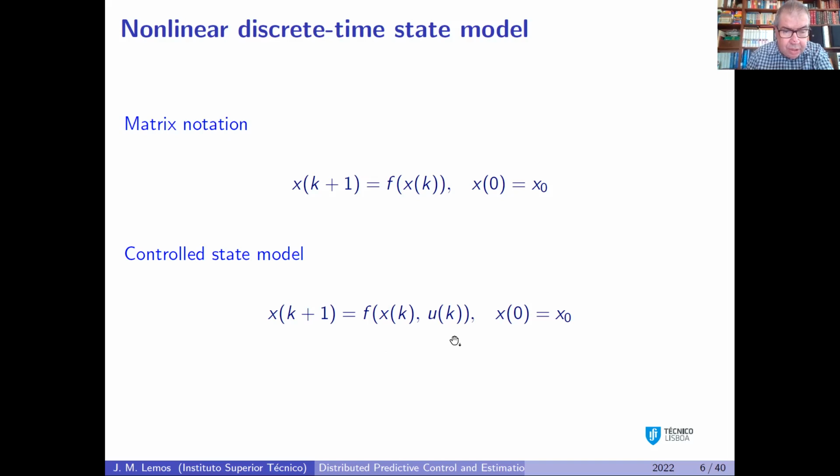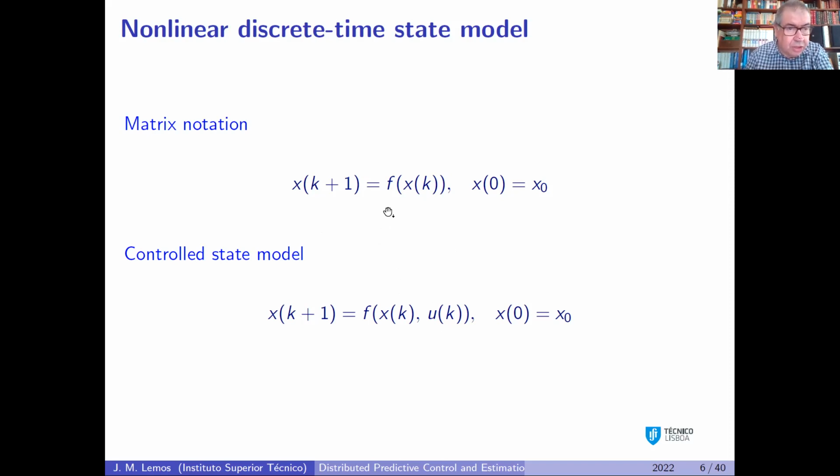So you get rid of the u, and you will have here f of x of k and some function of x of k. Okay, so again, we are in the above form. The difference is that the f is no longer the open loop one. So this is the idea.